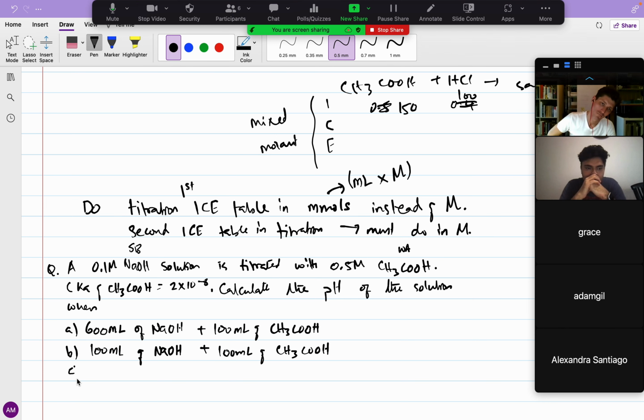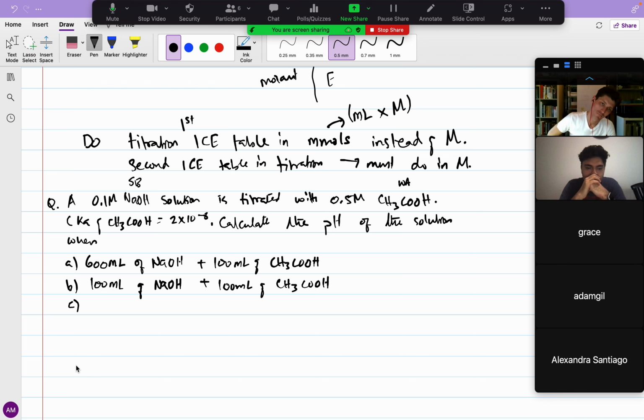And lastly, and this is often how they pose this question, 250 milliliters of CH3COOH is titrated to completion.